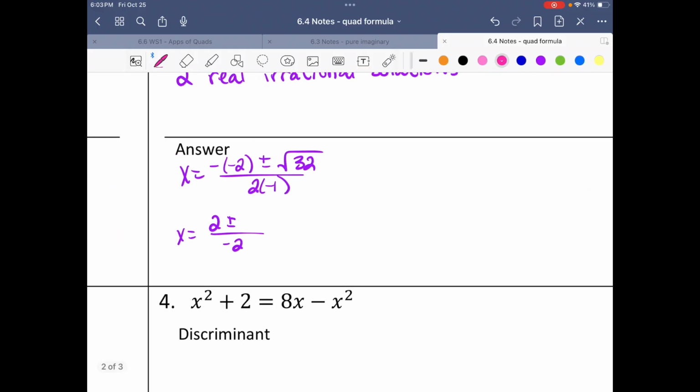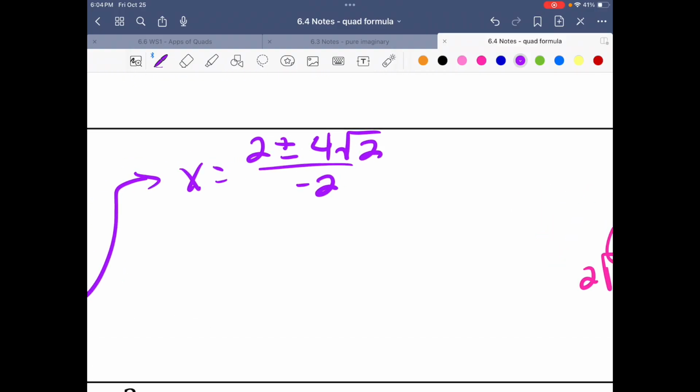There's the square. Square root of 16 is 4. Leave the 2. This is all over negative 2. Check your coefficients. Negative 2, 4, and 2.